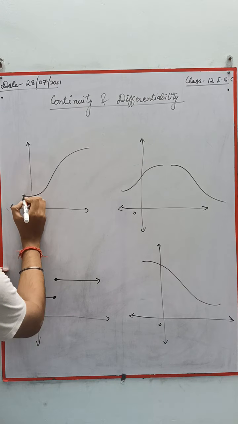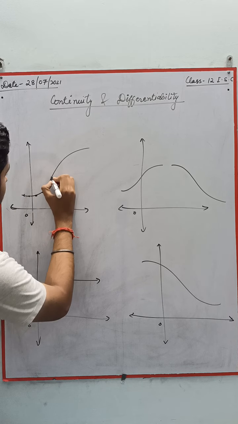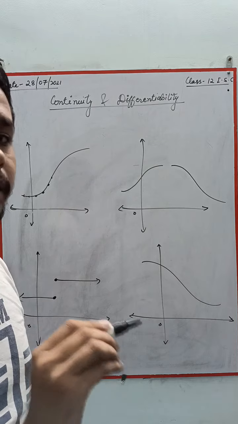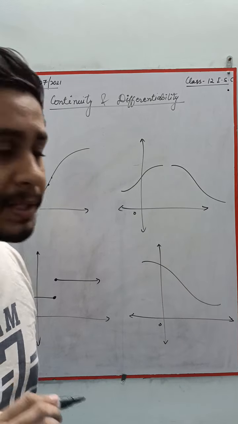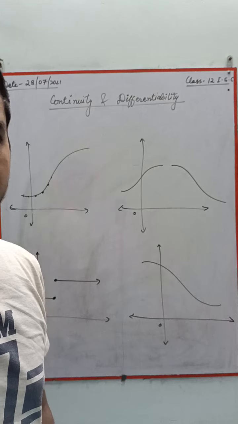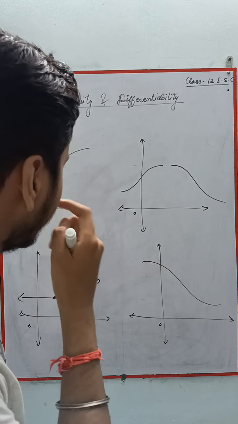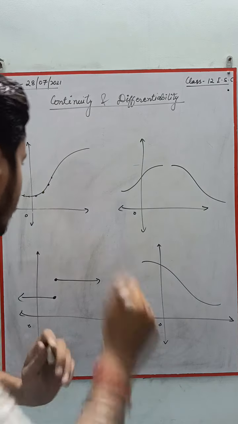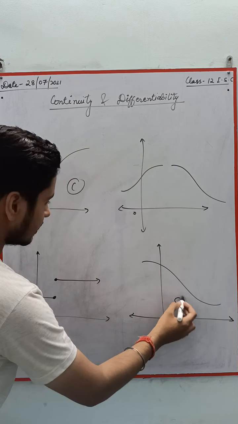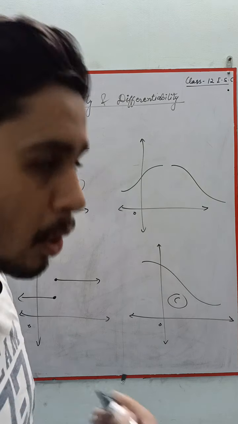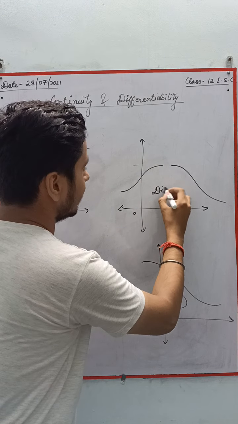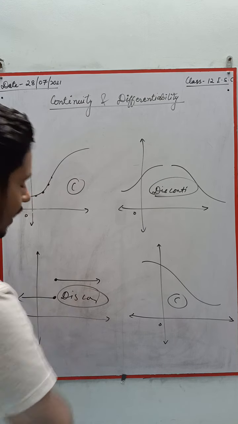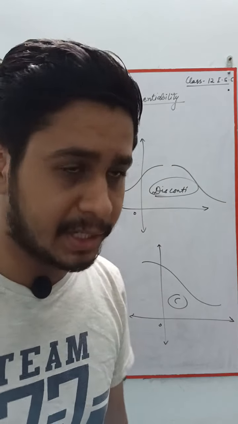That means it should be in a single stroke. Then only can we say that a function is a continuous function. So this is a continuous function, this is a continuous function, and if it is not continuous, then we call it discontinuous. I hope you are getting the meaning of continuity and discontinuity.